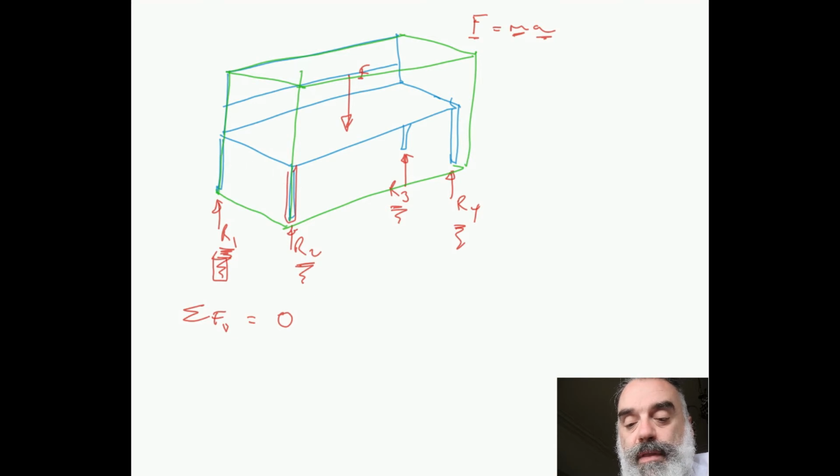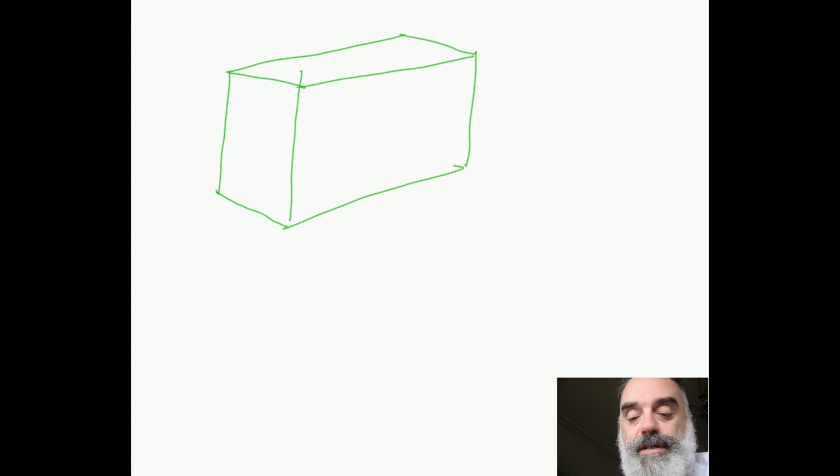In fact, we can dispense with the entire detail of the structure and just consider it to be some mass, and we can consider the solid mechanics of that solid mass, which we're just modelling as a cuboid in this instance.